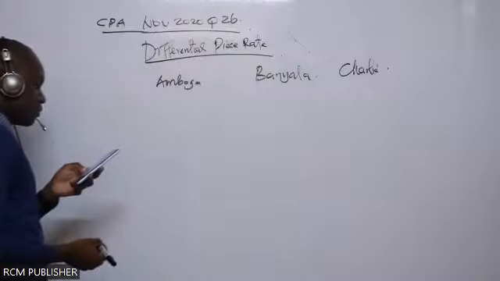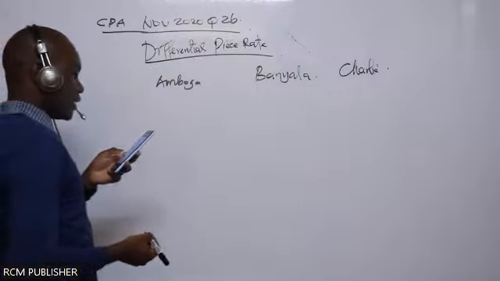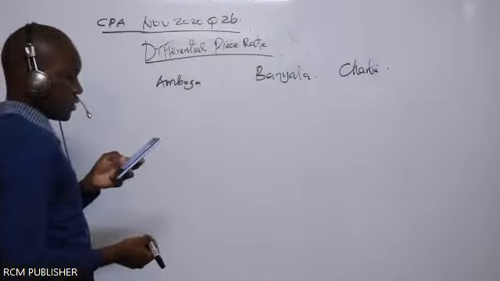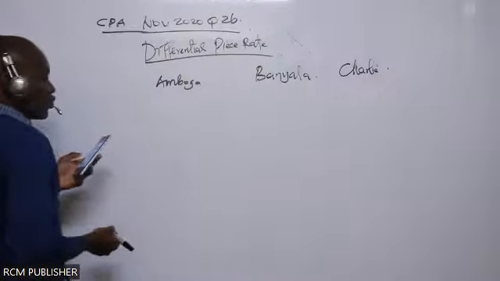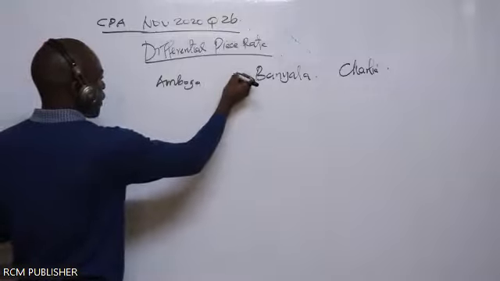Differential piece rate. An employee is compensated on piece rate basis, and the following schedule is applied to determine his or her remuneration. The first 0 to 250 units. So let's deal with the hamburger here.